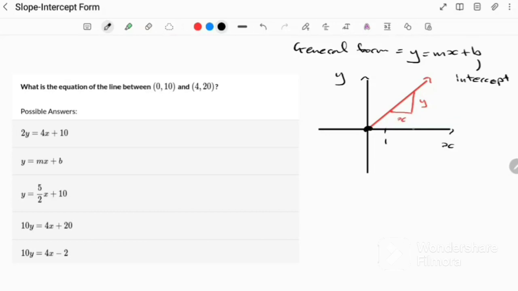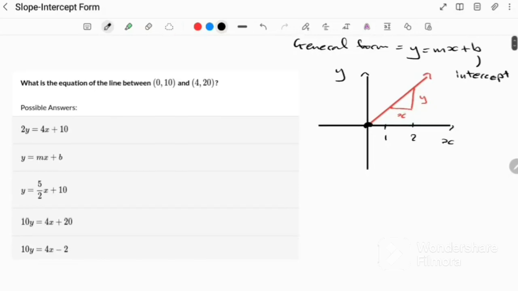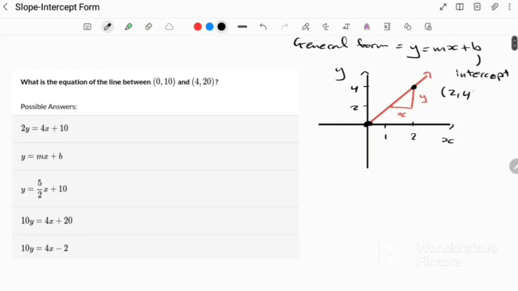Say this is 1 and this is 2. This is 2 and this is 4. So the coordinate right here is 2, 4. And now as you can see on the x-axis I moved from 1 to 2.